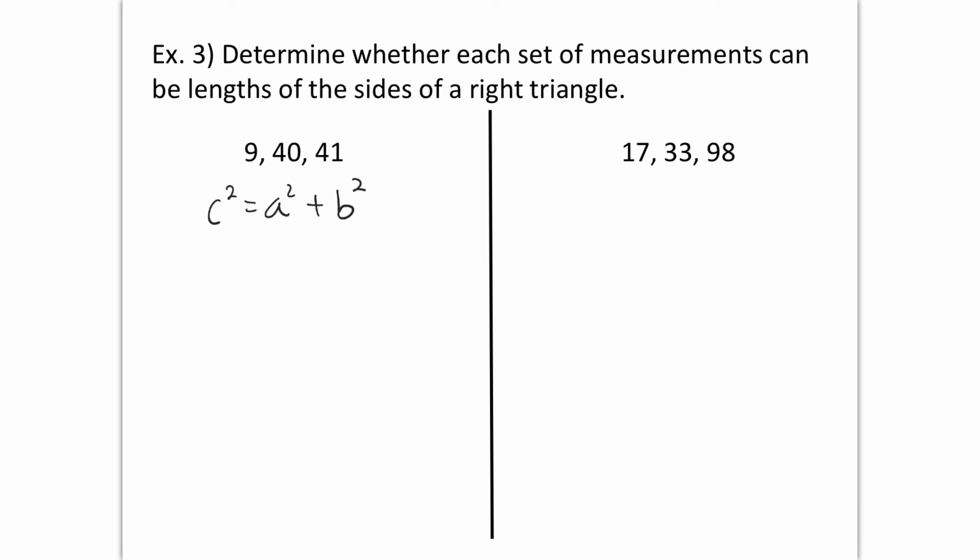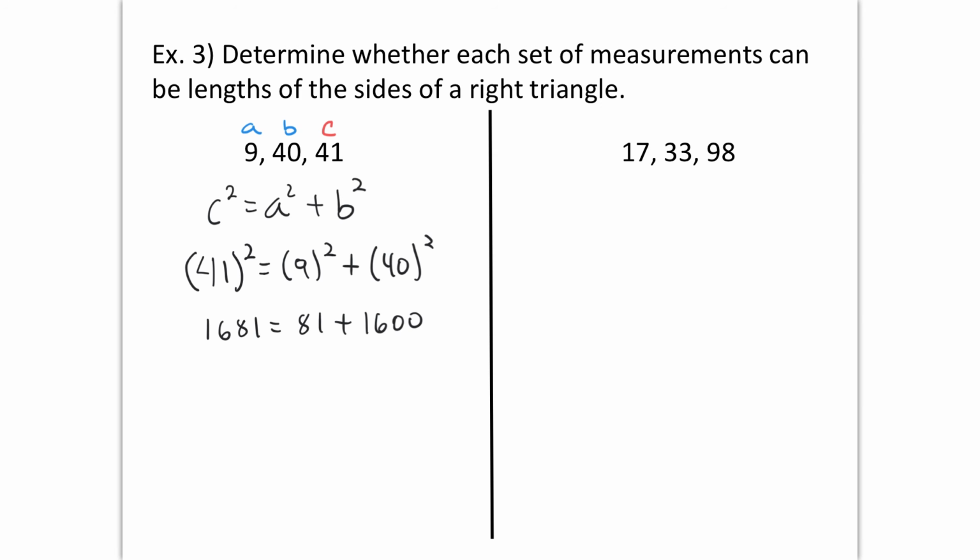So I'm looking at the measurements 9, 40, and 41. So 41 is going to be my c value. The shortest side is going to be my a, and the other one is going to be b. So I'm going to substitute into the theorem. And after I substitute the numbers into the theorem, the a, the b, and the c, I'm going to simplify both sides of the equation.